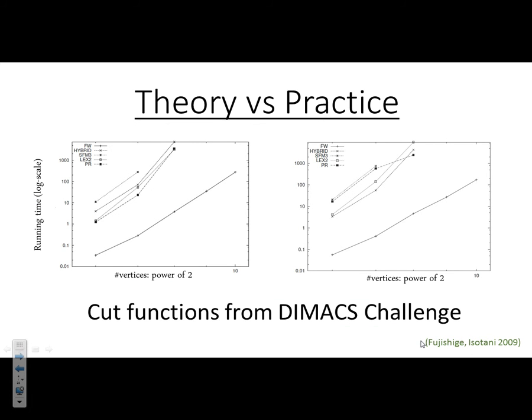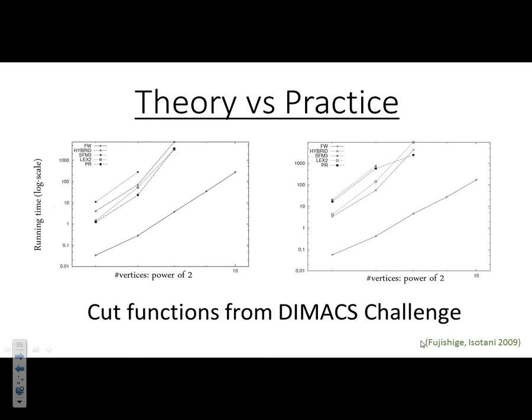Okay. So why care about it? Well, it seems that it outperforms empirically the provably polynomial time algorithms out there. So this is a paper by Satoru Fujishige and Isotani. These are examples where the function is a cut function from various graphs in some data set, and the thing to notice is that this is the performance of the Fujishige-Wolfe heuristic. These are the performances of all the polynomial time algorithms known till then.